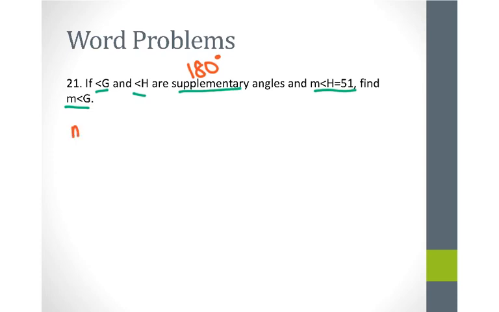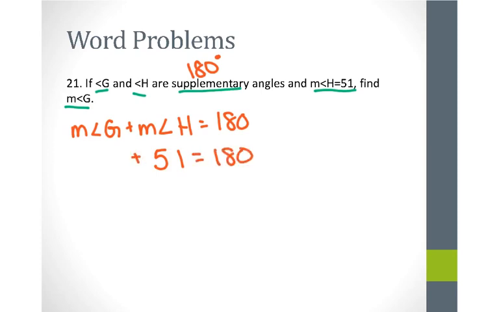So I know the measure of angle G plus the measure of angle H have to equal 180 degrees. Well, filling in what I know, angle H is 51. I don't know what G is, so what do we do when we don't know what something is?